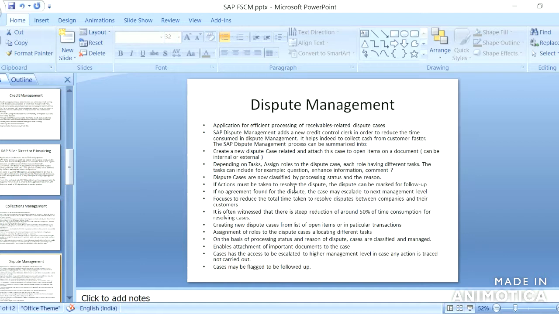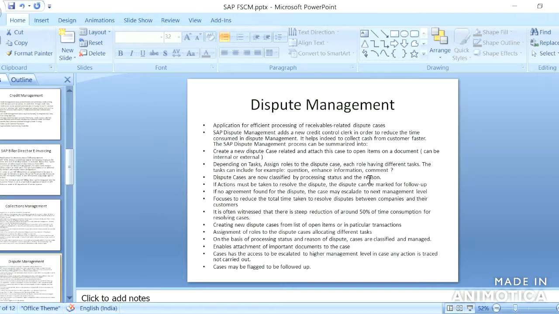Dispute cases are now classified by processing status and reason. So how will the dispute cases be classified? What is the status of that? Whether it needs to move to the next level, or what is the particular reason for the dispute case?